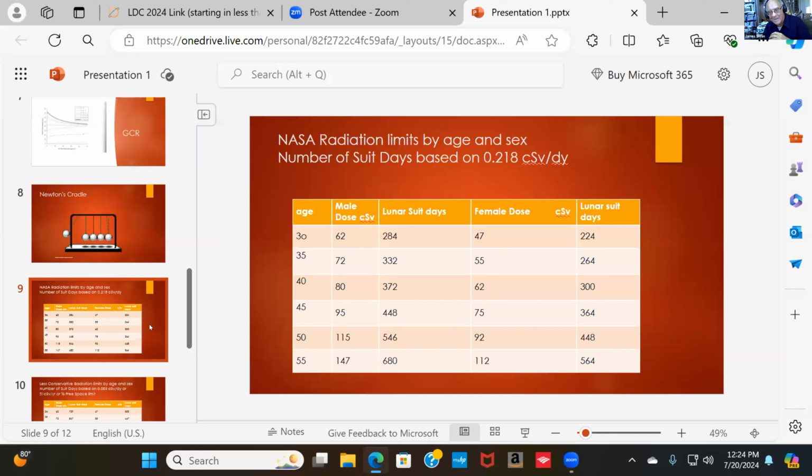So that would be the entire time that an astronaut could remain on the moon. And this increases with age. And the thing to understand is that if we're dealing with a deeply buried base, then this would represent suit time.